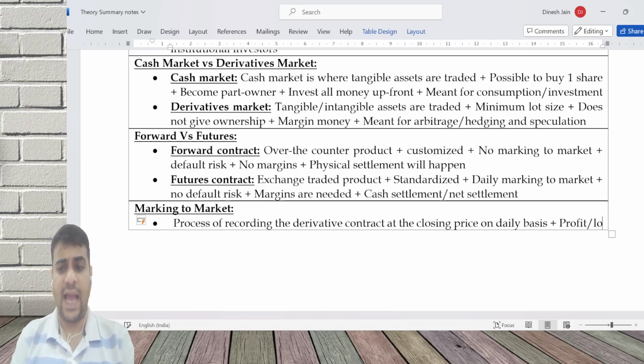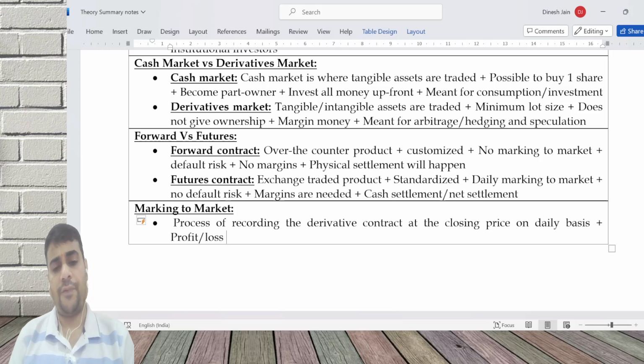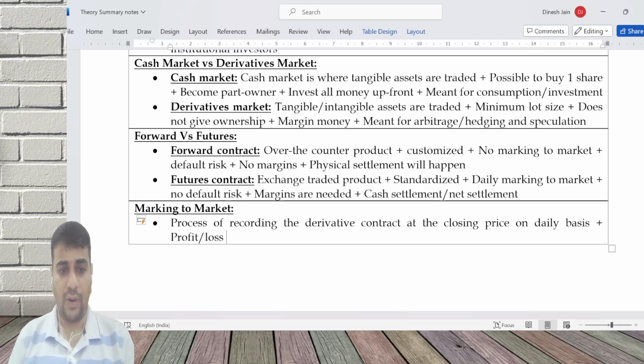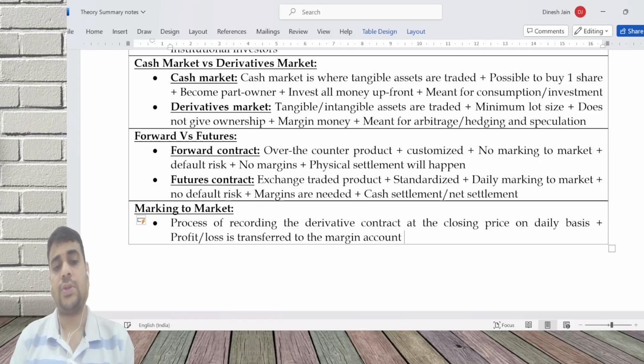Profit or loss is transferred to the margin account.